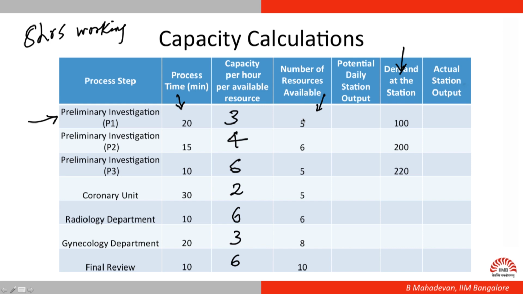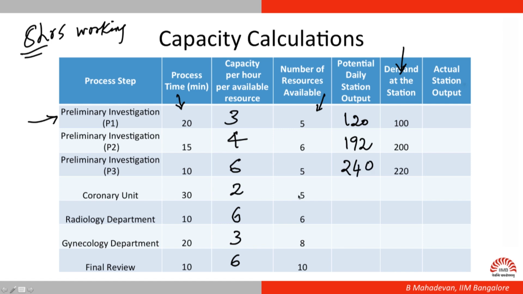There are 5 resources, therefore, we can process 15 per hour, and because there are 8 hours per day, 15 into 8 makes it 120. That is how you get this number 120. Similarly, for the next, 6 into 4 is 24, 24 times 8 is 192, so that is the capacity possible. And in the third step, 5 into 6 is 30, 30 times 8 is 240.